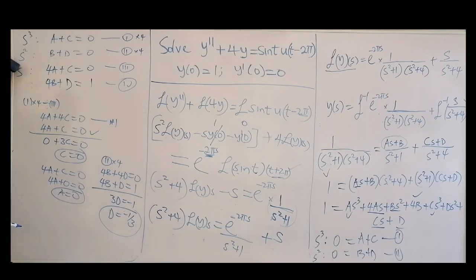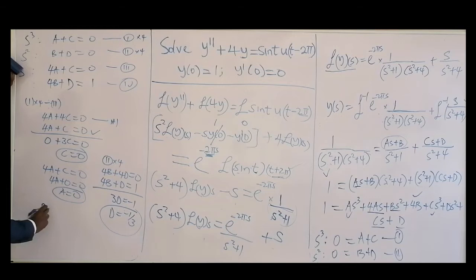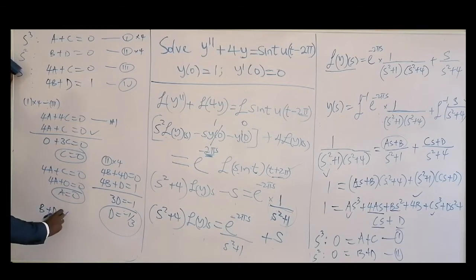So you can get b. Let's go to equation 2: b plus d is 0. So b plus minus 1 over 3 equal to 0, so b is 1 over 3. So we've gotten that also.